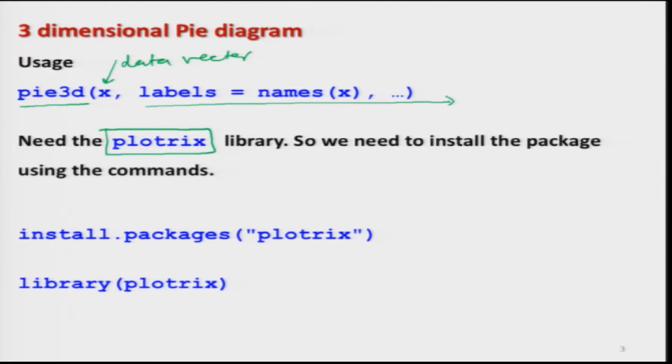First we need to install this library using the command install.packages, and inside the arguments, inside double quotes, we write plotrix. Once I do it, I have to use the command library(plotrix). If you execute these two commands on the R console, you can get the library plotrix on your computer.